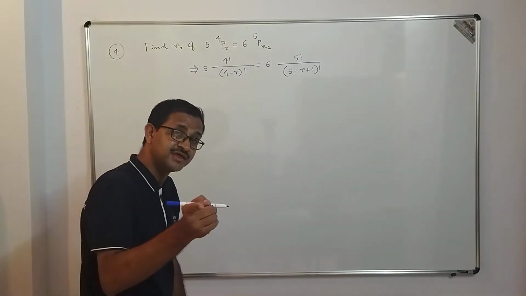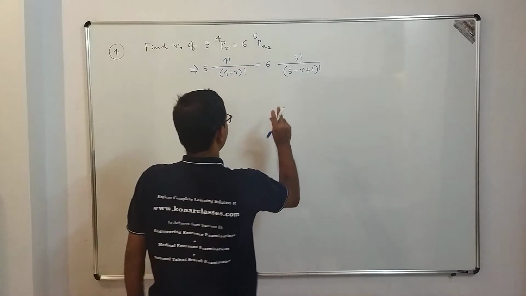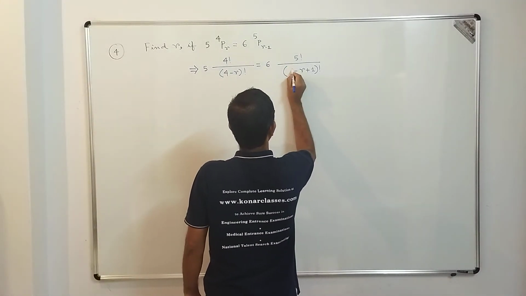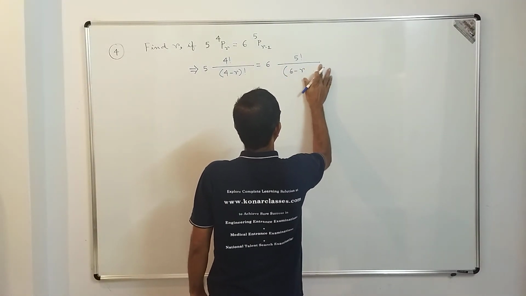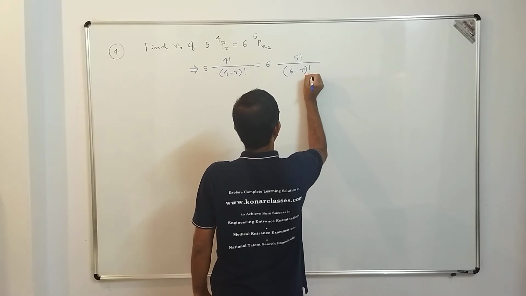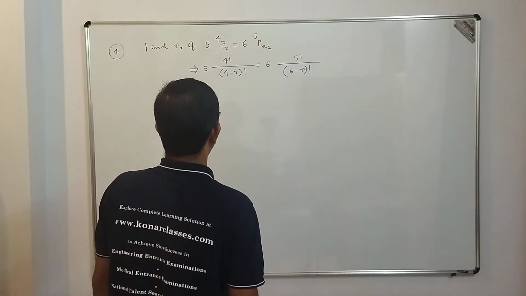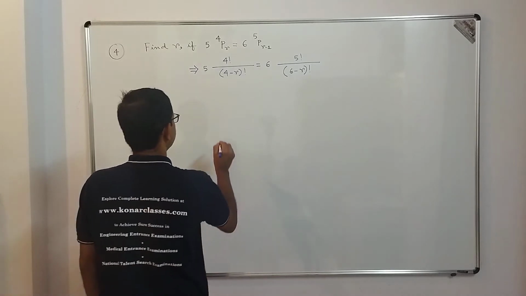So that means 6 minus r factorial. We can write that is equal to 6 minus r factorial, correct, dear students? 6 minus r factorial. So now what we can write here?